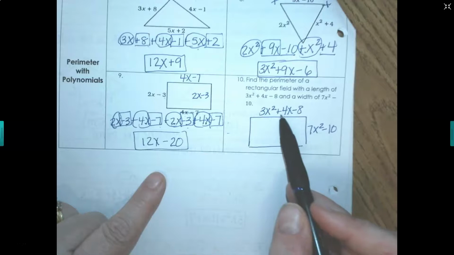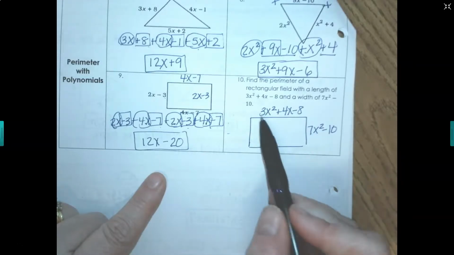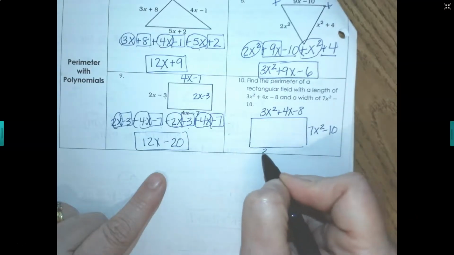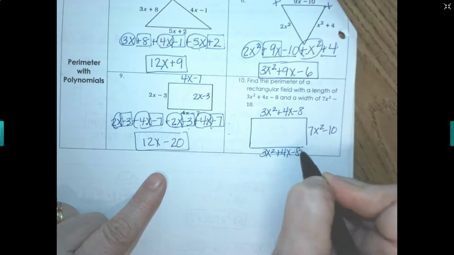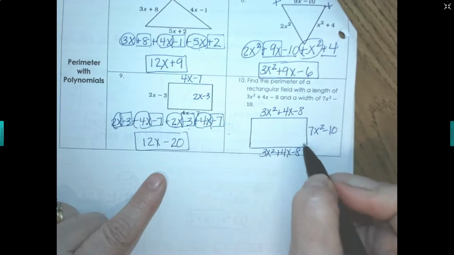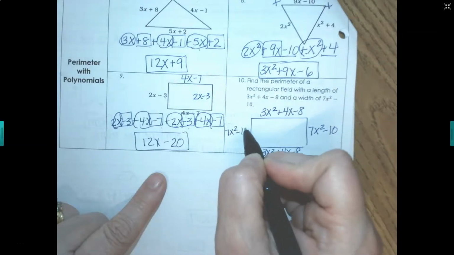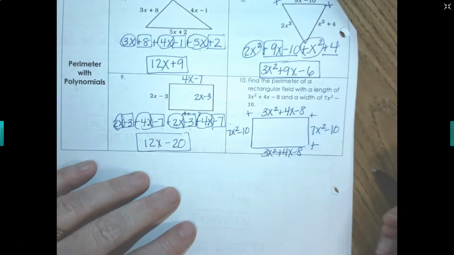To find perimeter, we have to add together all four sides. So you need to know all four sides. In a rectangle, if one side is a length given, the opposite side is the same length. Same here. We have this is 7x squared minus 10, so that this is also 7x squared minus 10. You want to add these all together.